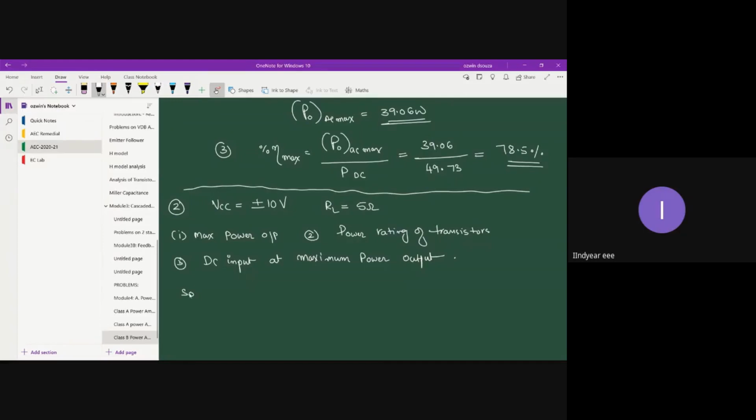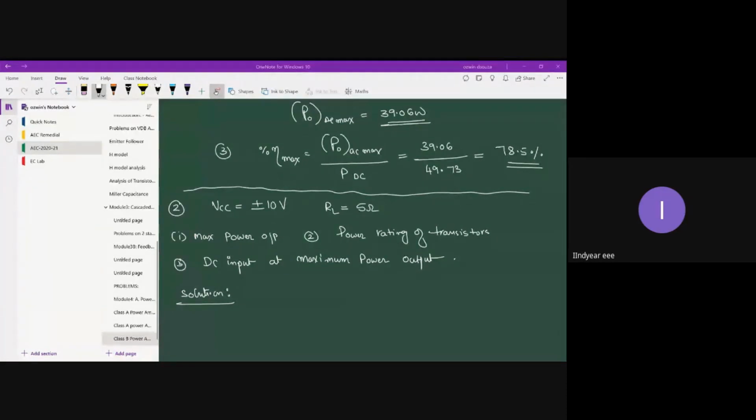Okay, so this is the problem statement. Now this problem was asked for 8 marks.